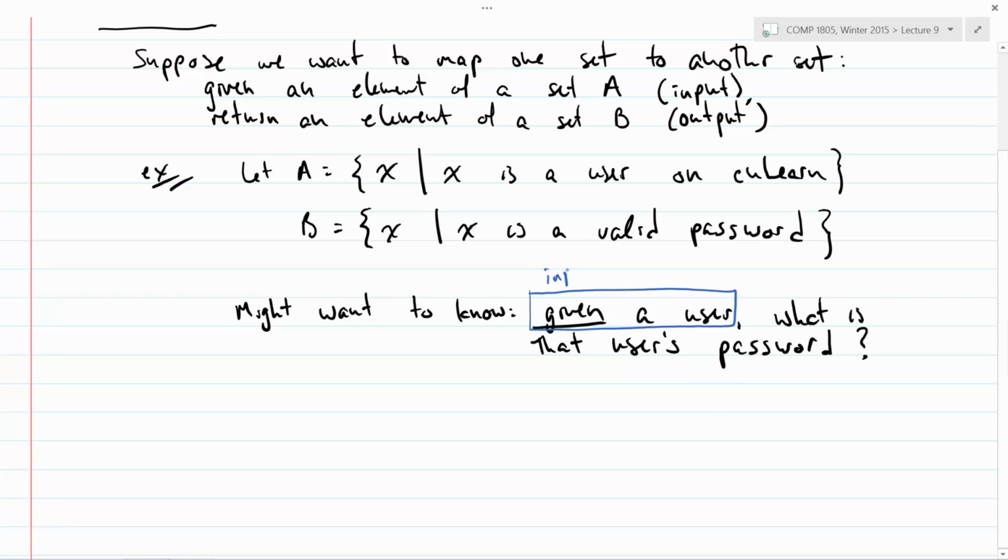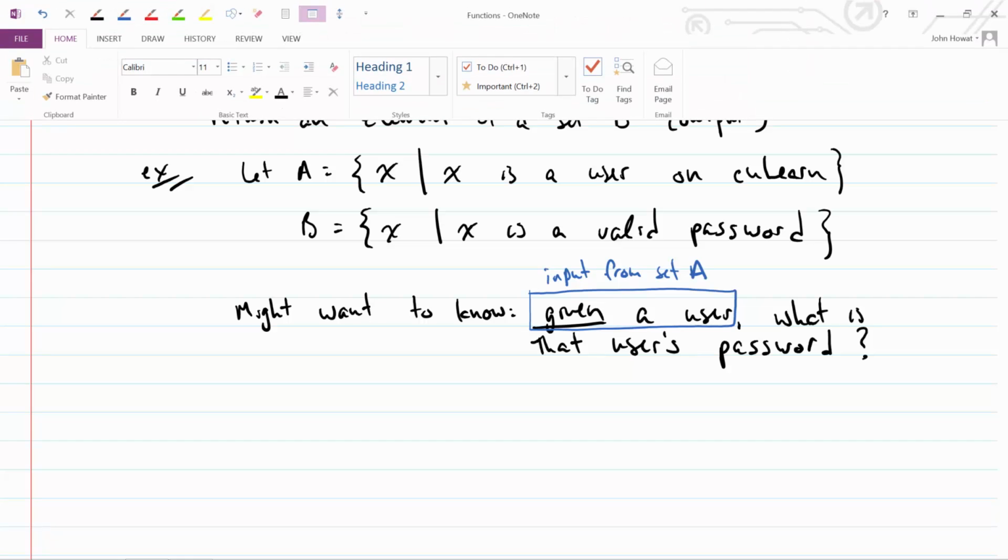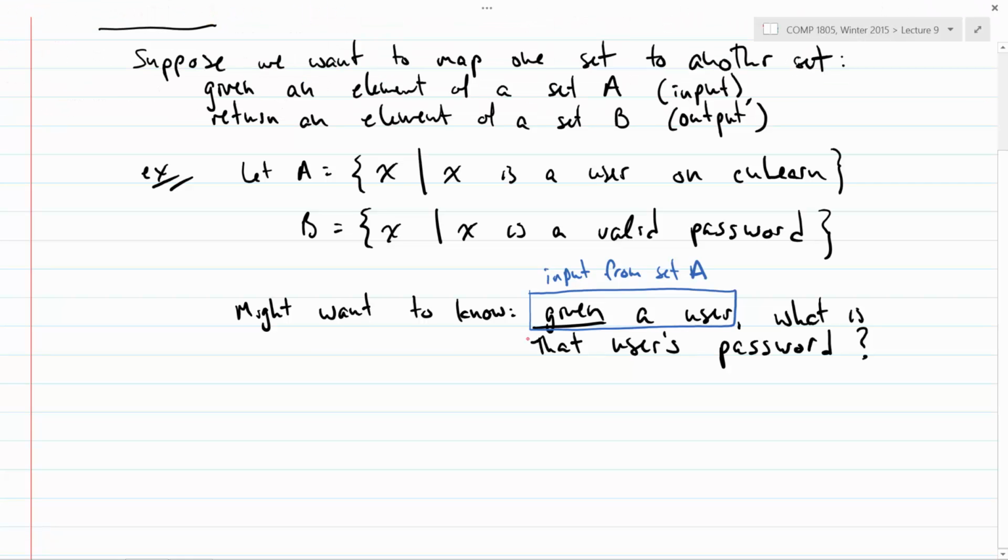So this is input from set A. And the output of this operation is that user's password, and it's from set B. Right? The inputs are users, so from set A, and the outputs are passwords, which are from set B. All right? This thing that we're describing is all that a function is. That's all there is to a function.